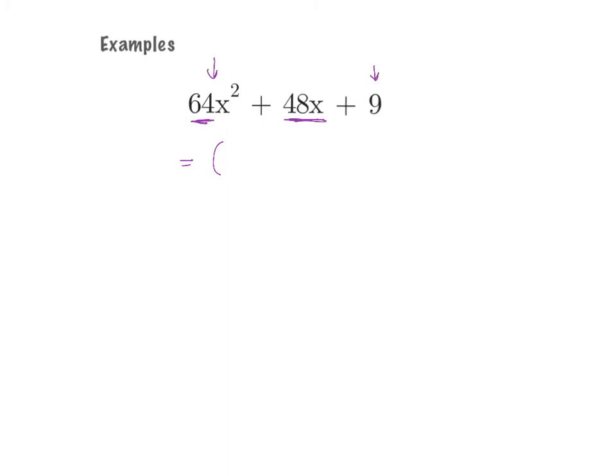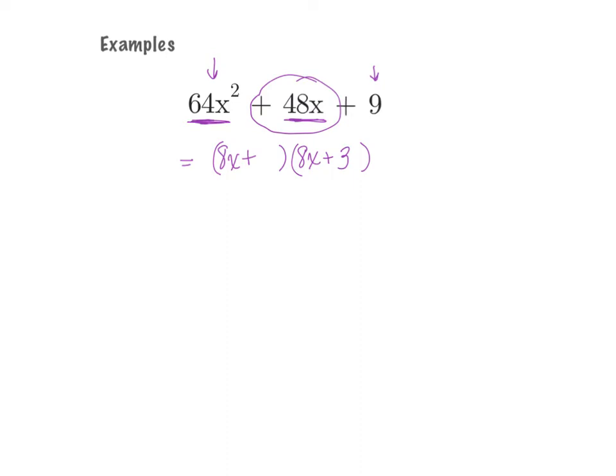So the way that you'll know what the factors are is, what is the square root of this? It would be 8x, so those are your 2 first terms. And then since the middle term is positive, both of them will be positive. And then what is the square root of the last term? It's 3. So the only thing we need to check is that we would get this.